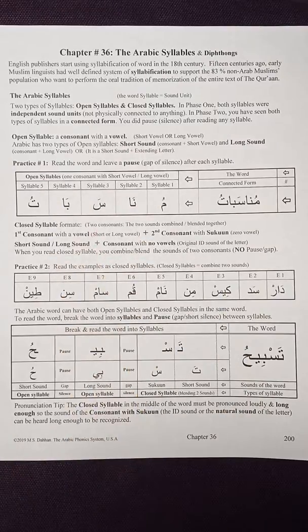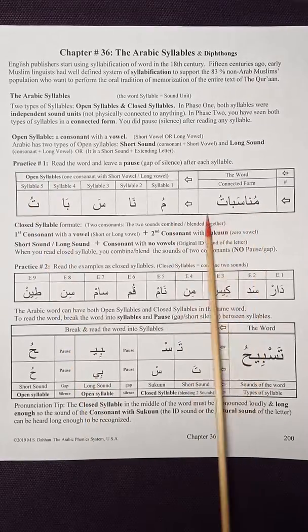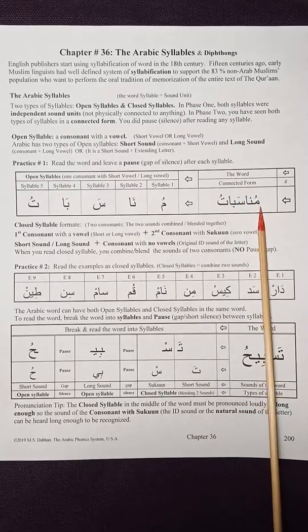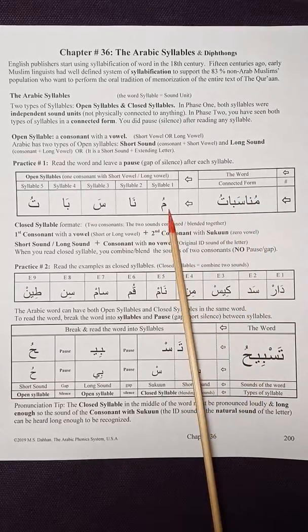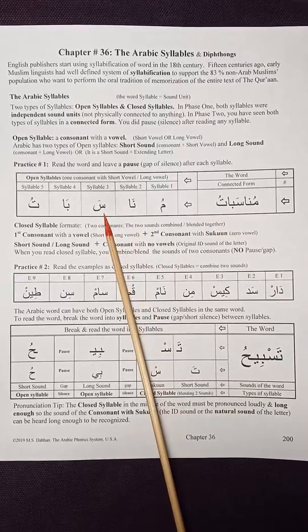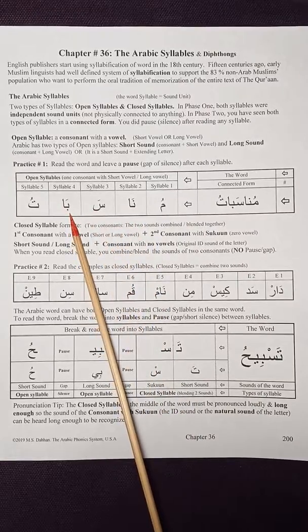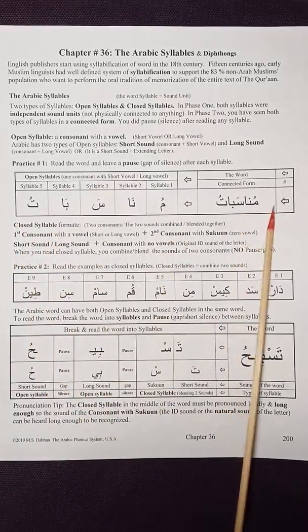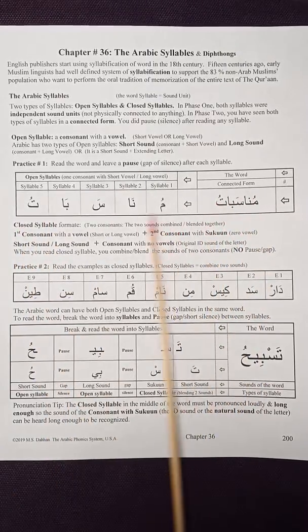You already know that. Let me just jump in. So, example: we have this word in connected form, and I'm going to read it in syllables. We have this mu. I broke it down here too. Mu, na, sa, ba, tu. Okay, so we have 5 syllables in this one, and they're all open syllables.